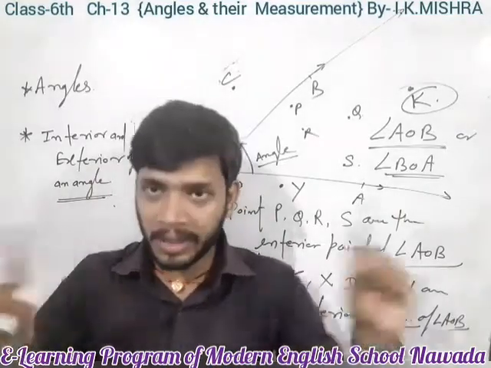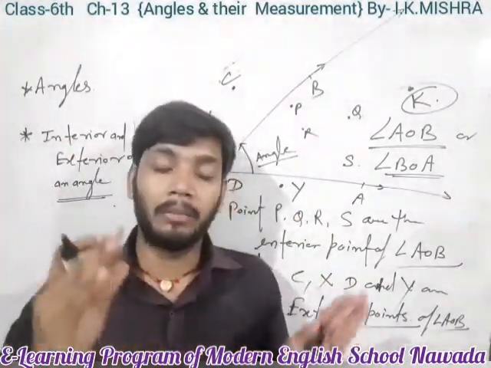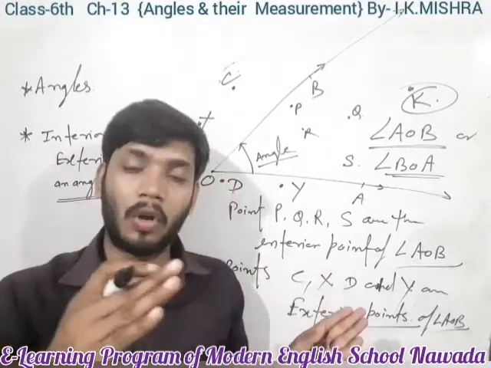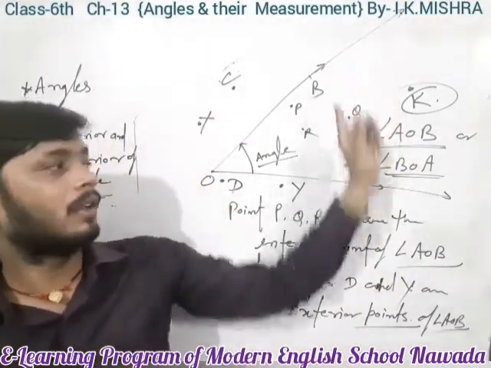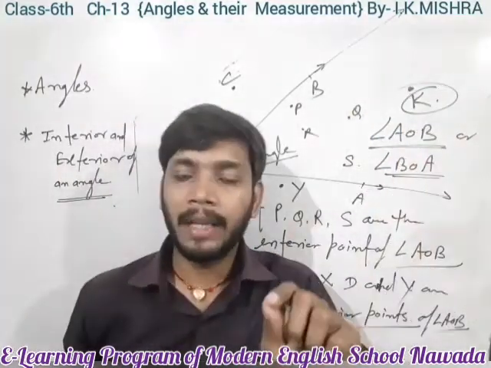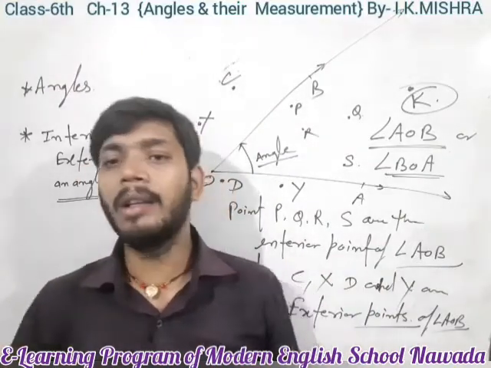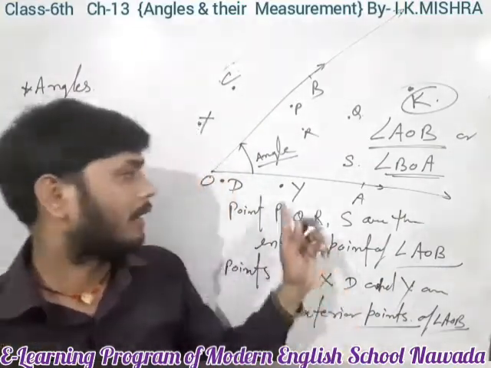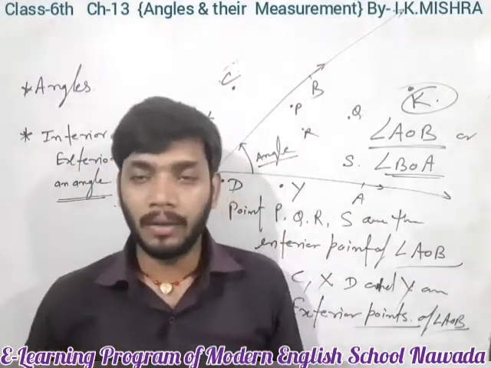That means the region, the points that lie in between the two arms of the angle. So these are called interior, and the points that lie outside the angle are known as exterior of the angle.